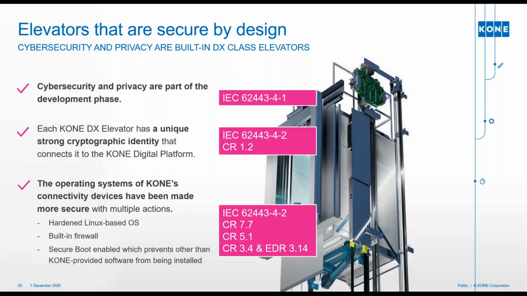And then the operating system of the connectivity device has been made more secure with multiple actions, such as hardening, CR 7.7, which specifies that you must have least functionality, built-in firewall, CR 5.1, network segmentation, and secure boot, which prevents other than our software from being installed. And this fulfills CR 3.4, software and information integrity, and EDR 3.14, so embedded device requirement 3.14, integrity of the boot process. So this is how it looks in the end.